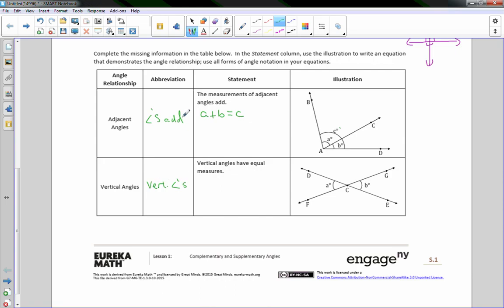I don't really want to use ADD for this, but let's just leave that for now. It's really strange how they're wording this. So vertical angles have equal measures. Here's angle A, it's vertical to angle B. So A equals B.